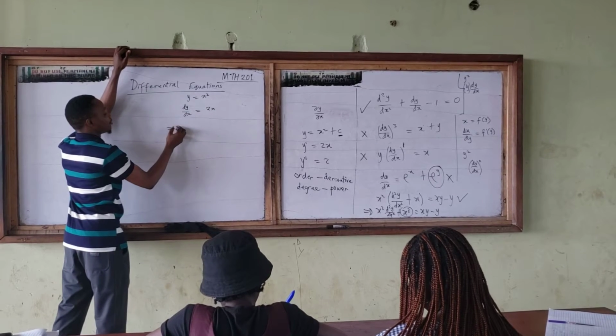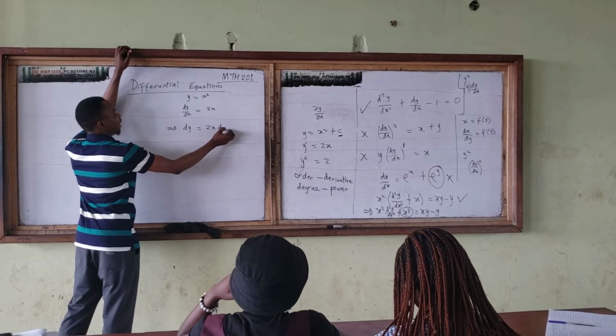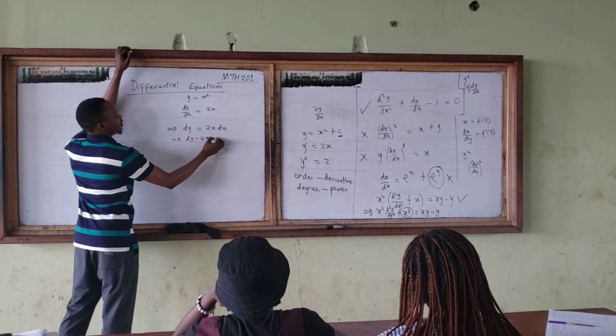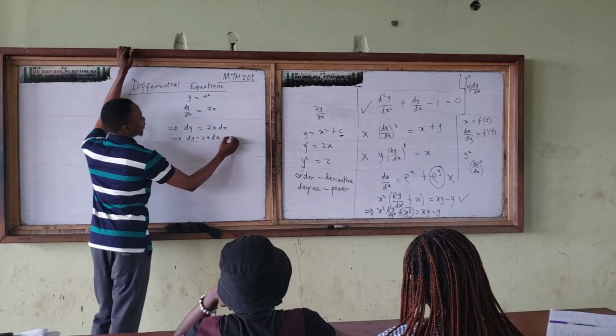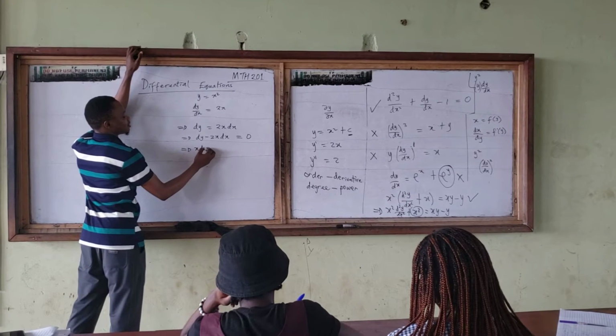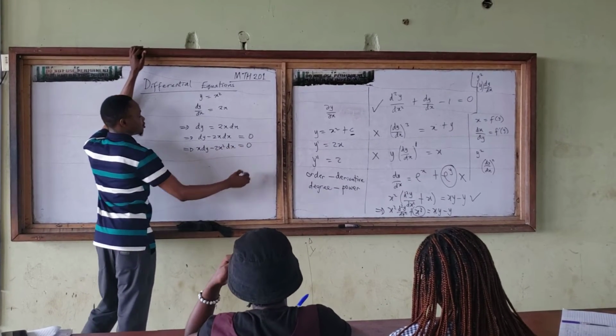From here I can easily say that dy is equal to 2x dx, or if you like, dy minus 2x dx is equal to 0. Or if you like, I can say x dy minus 2x squared dx is equal to 0.